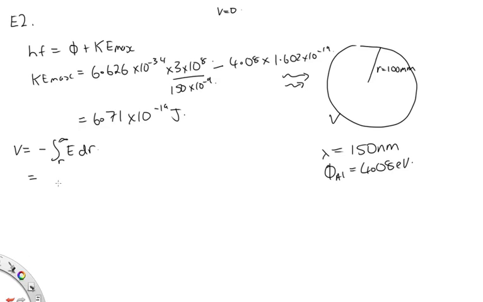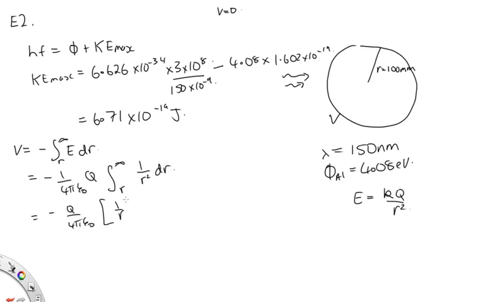And so substituting in, we know that E, the electric field, is equal to kq over r squared on the surface of a sphere. So we can write this as minus 1 over 4 pi epsilon naught, that's the k, times the q, times the integral from r to infinity of 1 over r squared dr. And so integrating, we end up with minus q over 4 pi epsilon naught, 1 over r from infinity to r.